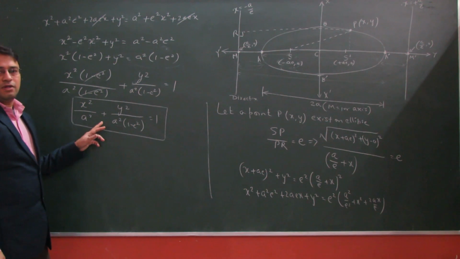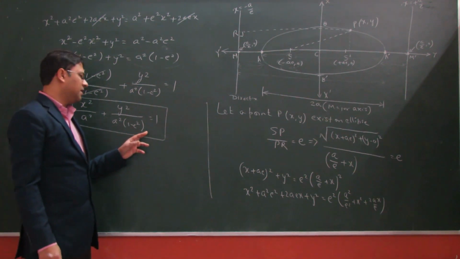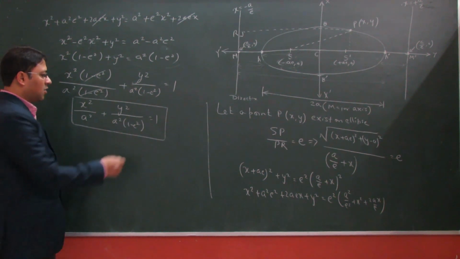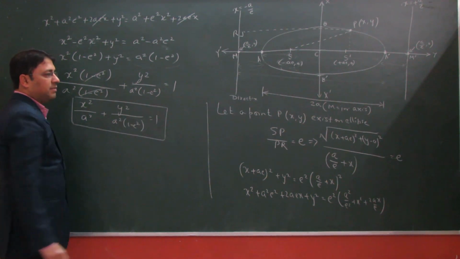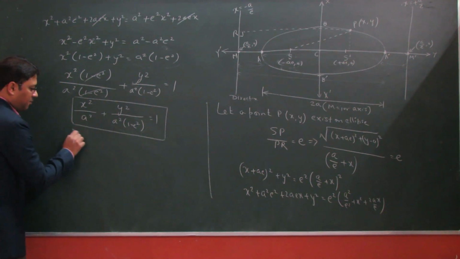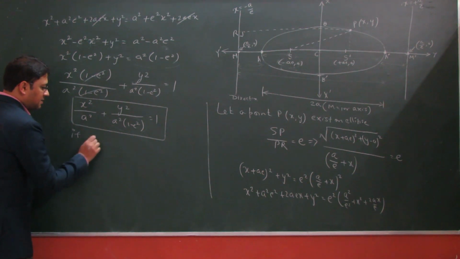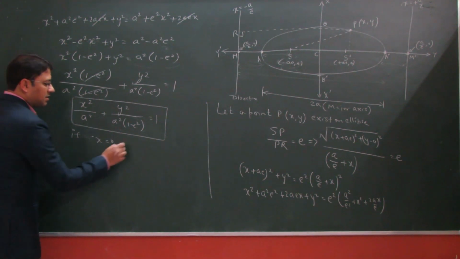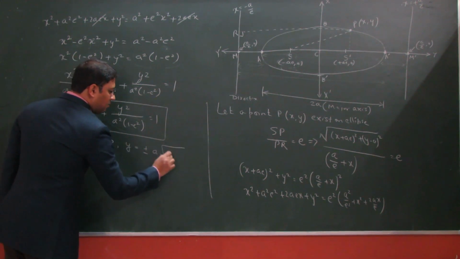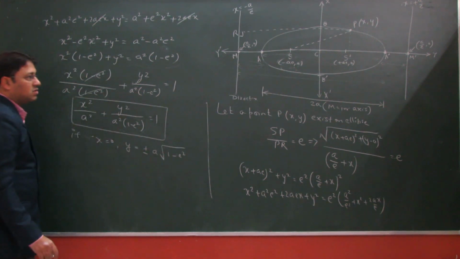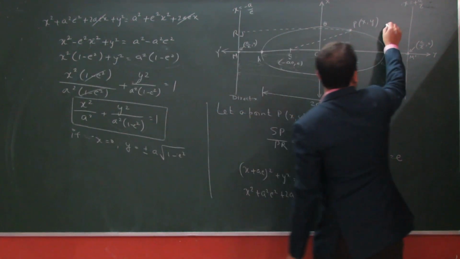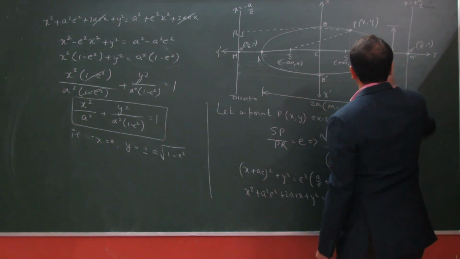So this is actually the equation of the ellipse, but you might have heard that we write x square upon a square plus y square upon b square. How is this quantity equal to b square, and what is b? Simply, if we put x equal to 0 in this equation, we get y as plus minus a under root 1 minus e square. This y value is this distance we are talking about.